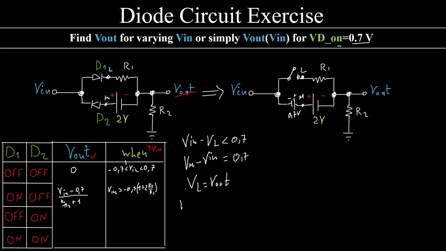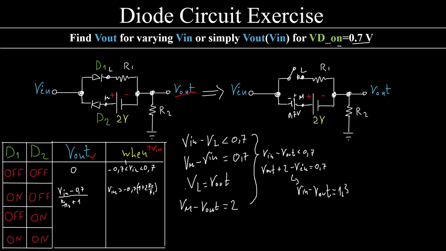That means that Vm minus Vout, the voltage here minus the voltage here, will be equal to 2. That's very difficult to see if you're not familiar with these circuits. And now we can basically solve this system because we know all the unknowns.